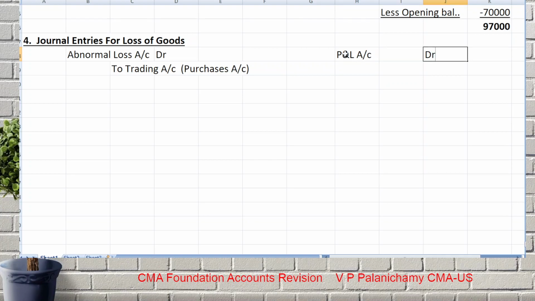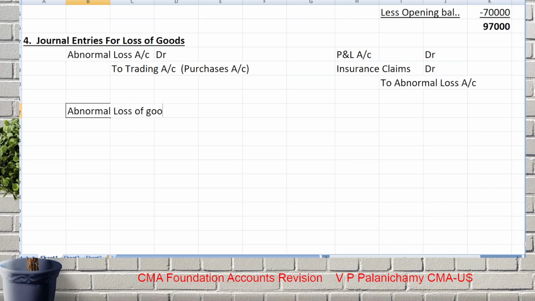P&L account debit, insurance claims to abnormal loss. For example, let's assume there was an abnormal loss of goods. Goods lost by fire, abnormal loss by fire, how much? 15,000.